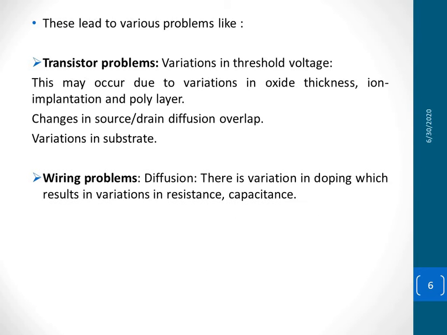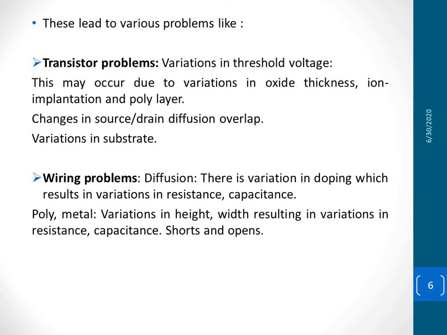Variations in substrate. And there can be wiring problems, which can be due to diffusion. There is a variation in doping, which results in variation in resistance and capacitance. Polymetal problems: variations in height and width, resulting in variations in resistance, capacitance, shorts and opens.